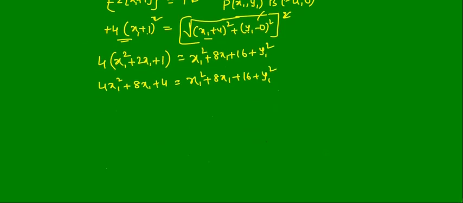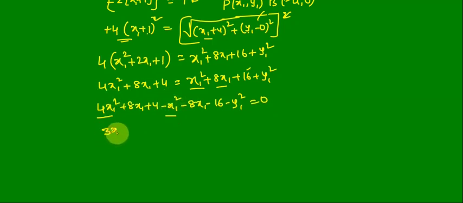Now we'll bring everything to one side. So what happens here? 4x1² plus 8x1 plus 4. Then when this x1² comes to the left side, it will become minus x1², similarly minus 8x1, similarly minus 16, and this will become minus y1², equal to 0. Now we'll add the like terms. Here 4x1² and here minus x1², so this will become 4x² minus 1x², that is 3x1².